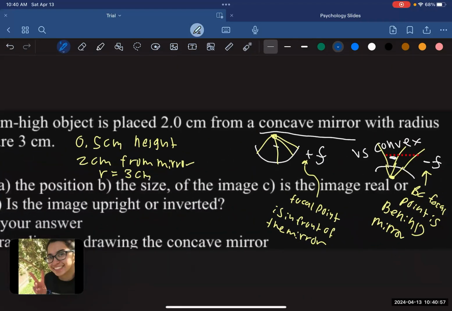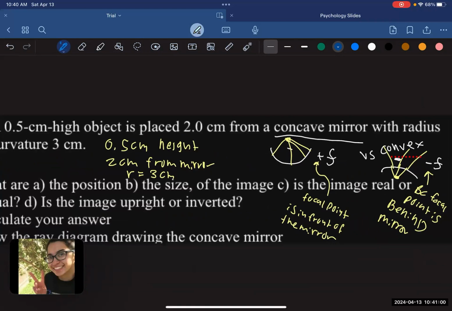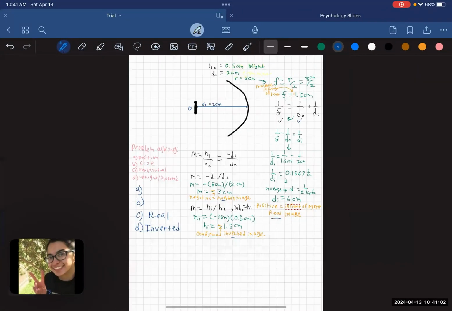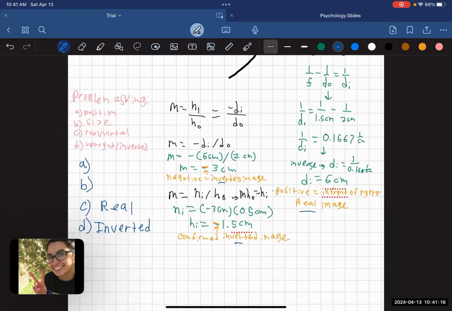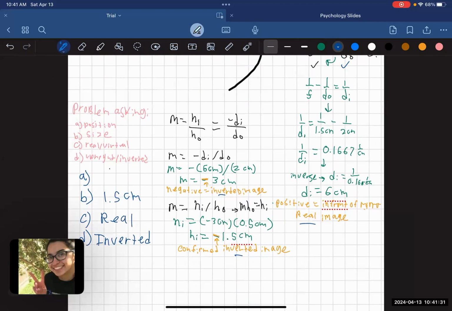Size of the image and position of the image. Size of the image, I'm pretty sure is the HI. So it's the 1.5 centimeters. And then the position of the image would be D because that's the distance. So that's going to be the 6 centimeters.